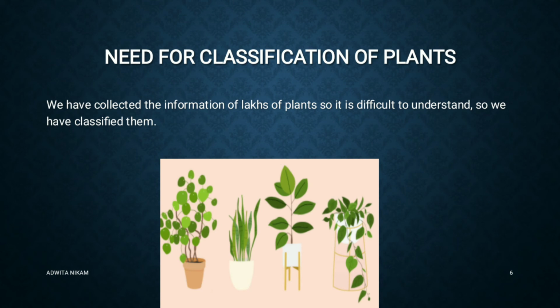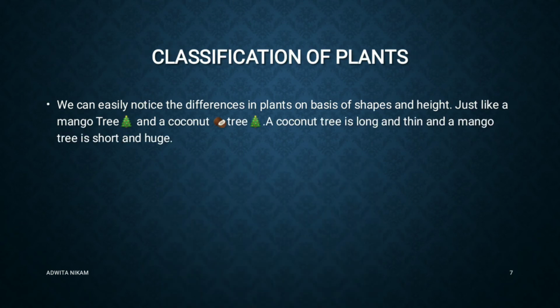Now we're going to see classification of plants. We can easily notice the differences between shape and height of the plants in our surroundings. It is easy to classify plants on the basis of this observation.